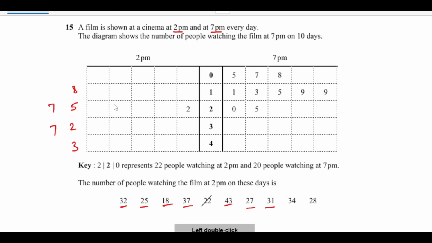Then 31 is here, 34 is also there, and 28 is going to come over here. Now we have to rearrange. This is 8 here, and this is 5 7 8, already in order, and this one is going to be 1 2 4 and 7, and this is 3. So this is how you will complete the diagram.